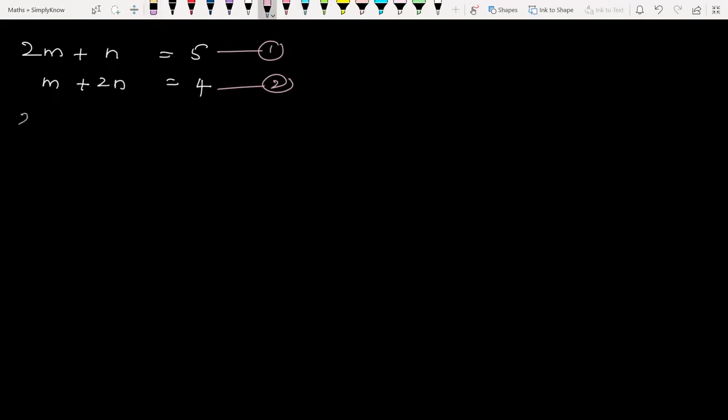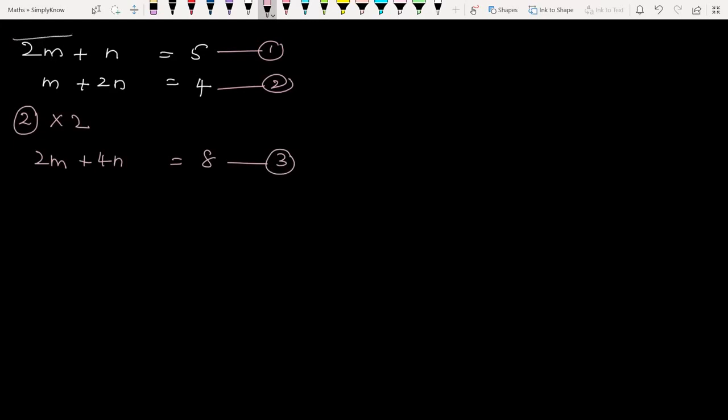So I'm going to multiply the second equation by 2. m times 2 is 2m, plus 2n times 2 is plus 4n, equals 4 times 2 is 8. And this is our third equation.